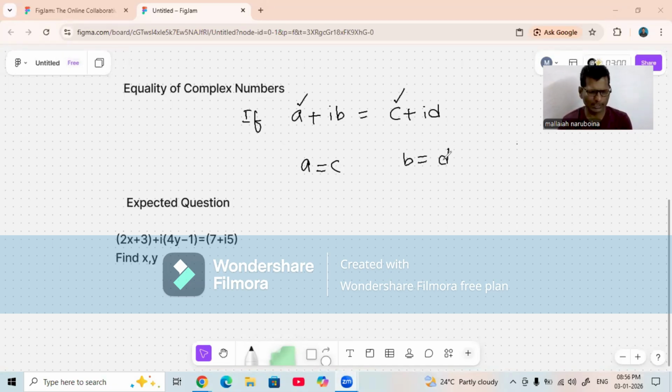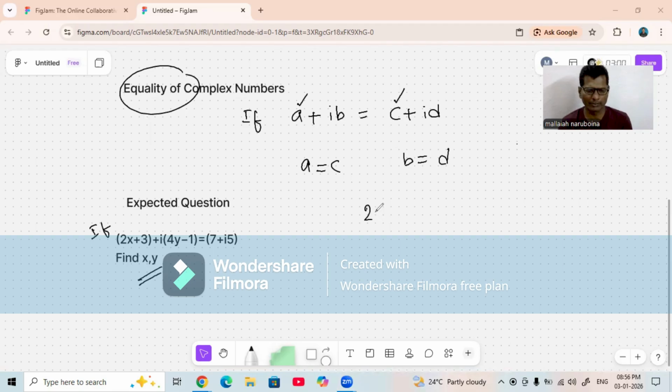If 2x plus 3 plus i into 4y minus 1 is equal to 7 plus i5, then find x, y value. So here we have an equal symbol, which means this question is on equality of complex numbers. So real part should be equal with real part and imaginary part should be equal with imaginary part.